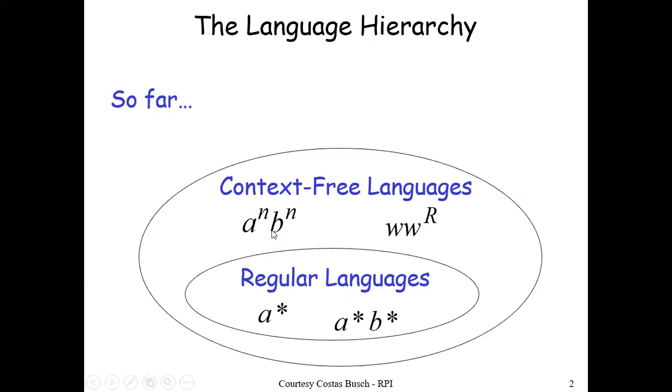We can also compare ww reverse: we compare what we have pushed, and we have to pop the same type of symbol. So ww reverse and a^n b^n are computable with the help of the PDA, pushdown automata.